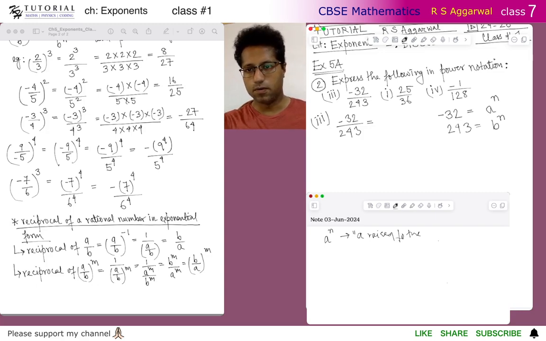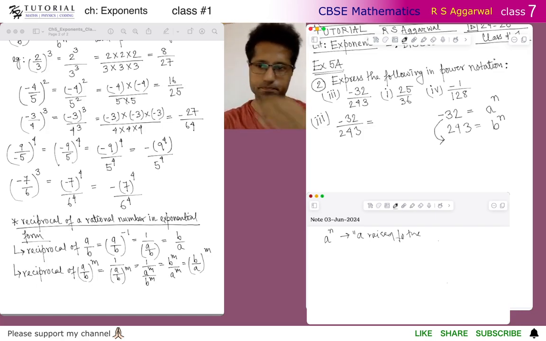Now, if we factorize 32, since it has a negative sign, definitely a will be negative. Since a raised to the power n is minus 32, a has to be negative, and also n will be odd.